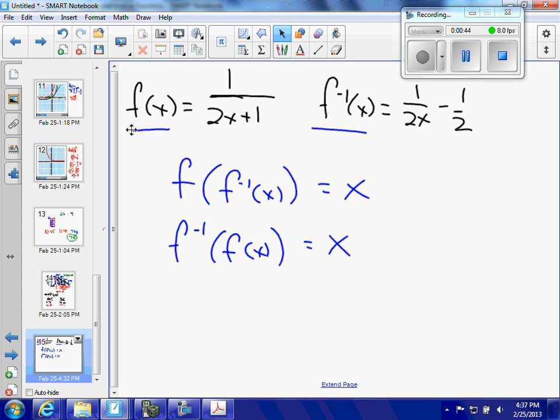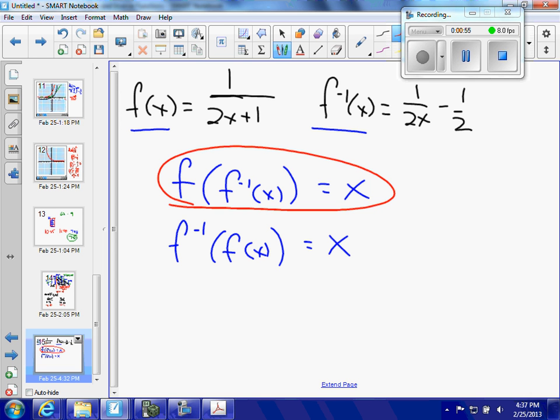So let's start off by doing this one. So I'm going to rewrite my formula. And remember, if I wanted f of 3, I would take my f of x and I would plug 3 in over here. But I don't want f of 3. I want f of f minus 1 of x, of that. So I'm going to take this whole expression, and that is going to replace my x right over here.